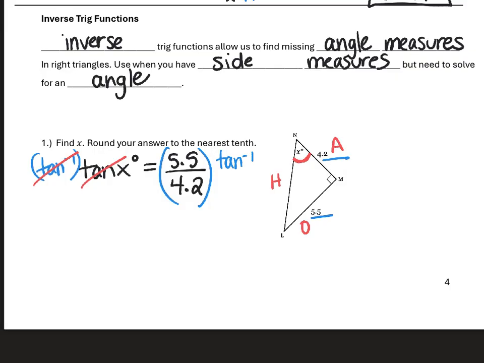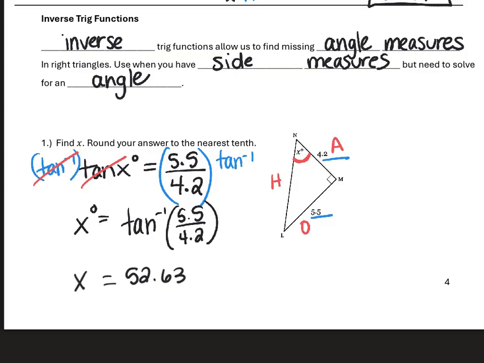So what you're going to put in is going to look like this. X degrees equals inverse tangent, in parentheses, 5.5 divided by 4.2. So we get that x equals 52.633. It tells it to round to the nearest tenth, so we'll say 52.6. It's an angle measure, so it is in degrees.